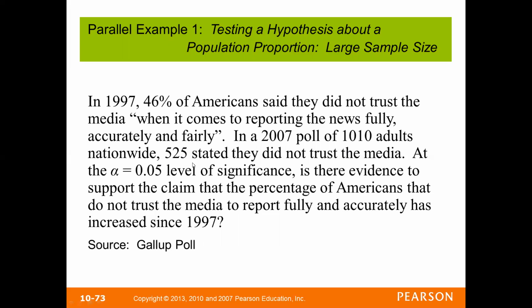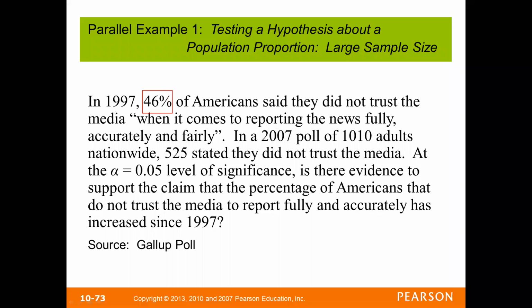So again, note the setup of the problem. We have some preconceived idea of what the proportion should be. In this case, we think that 46% of Americans will not trust the media. We're now coming up with a new sample.